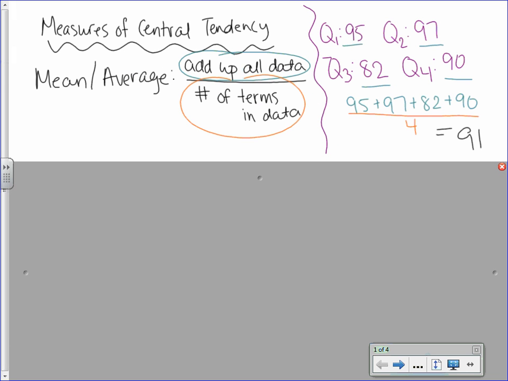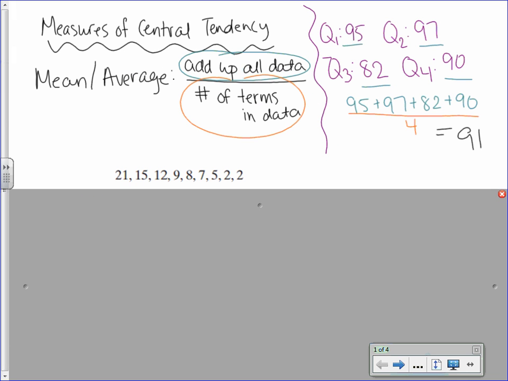Now I went to your textbook and I copy and pasted some data just because I didn't feel like writing out a bunch of lists over and over again. So if we look at this list, this could be anything you want it to be. Test scores, answers on a quiz, I don't know. But here's some data. When I want to find the mean, we would do it the exact same way.